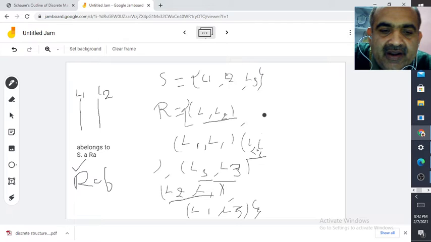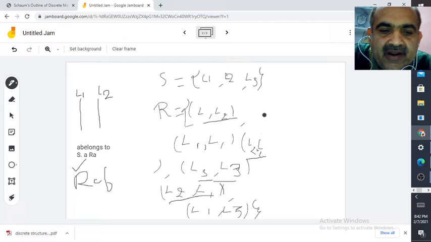Next, it should be transitive. Suppose there is one more line L3. We covered that it is reflexive and symmetric. Suppose L1 is parallel to L2 and L2 is parallel to L3.